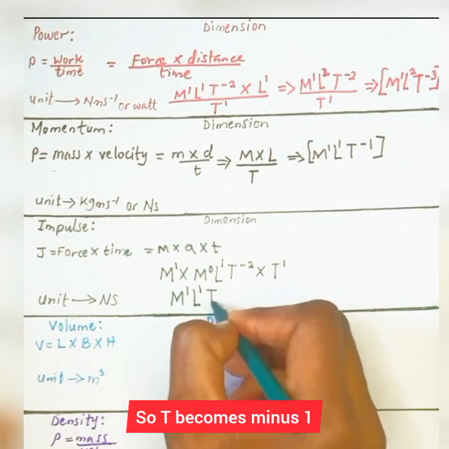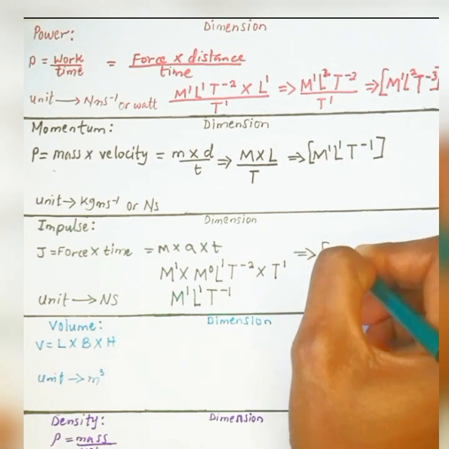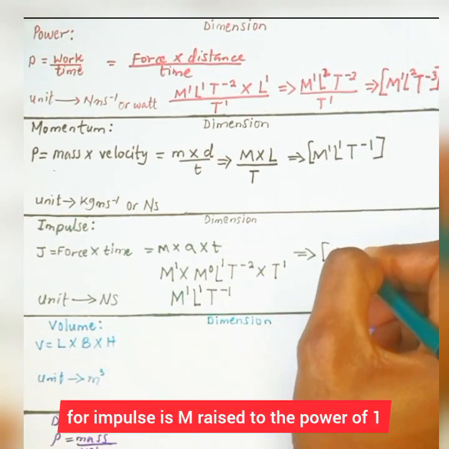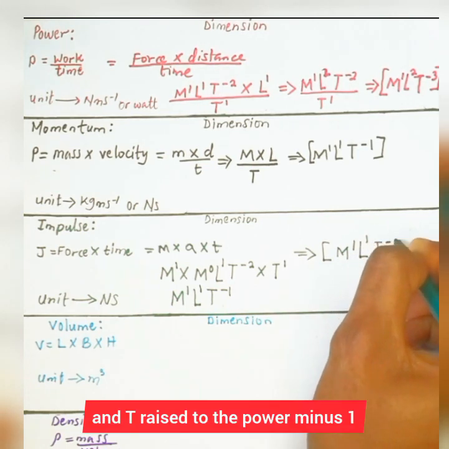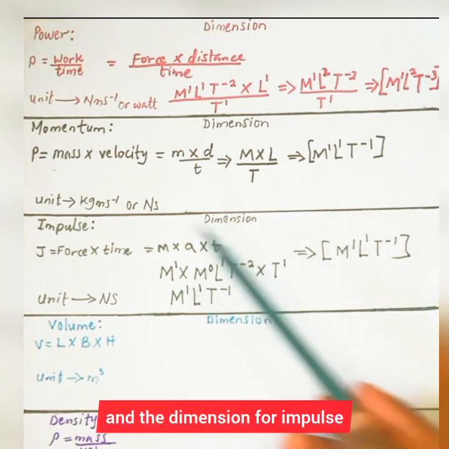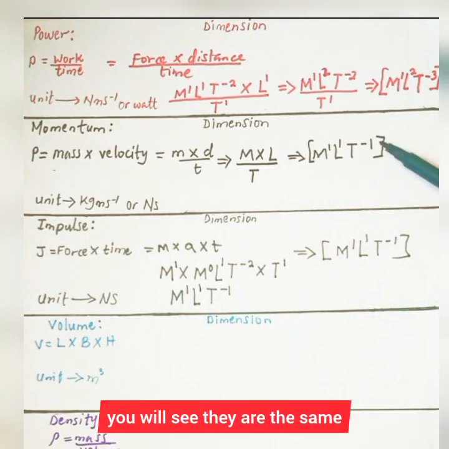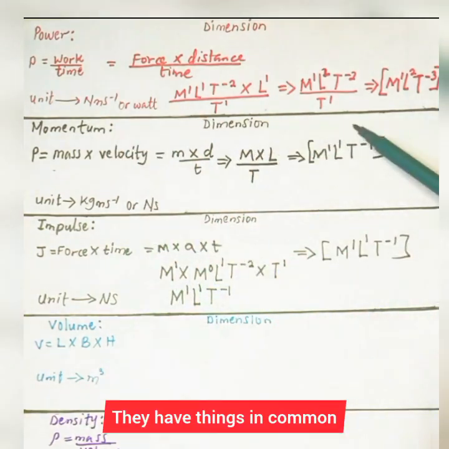So T becomes T raised to the power of minus 1. Therefore, the dimension for impulse is M raised to the power of 1, L raised to the power of 1, and T raised to the power of minus 1. If you compare the dimension for momentum and the dimension for impulse, you see they are the same. Even their units are also the same. They have things in common.